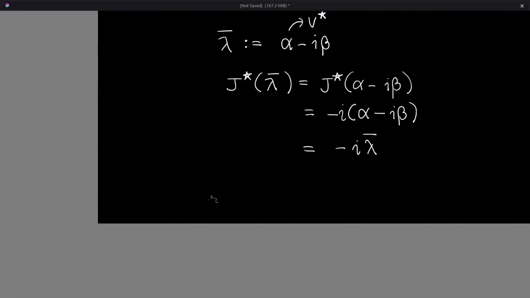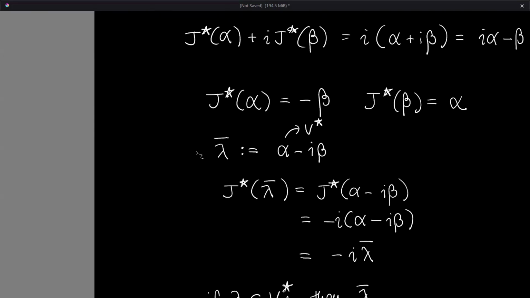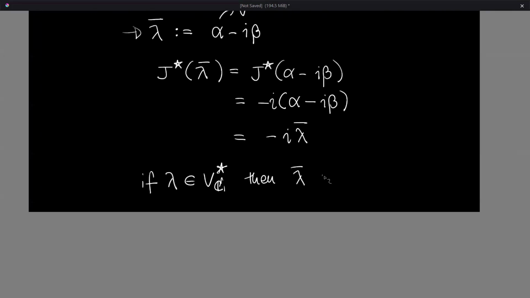So that means that if lambda was an element of VC star, then lambda bar, as defined here, would be an element of VC star bar. And that's why we named it VC star bar. Right.